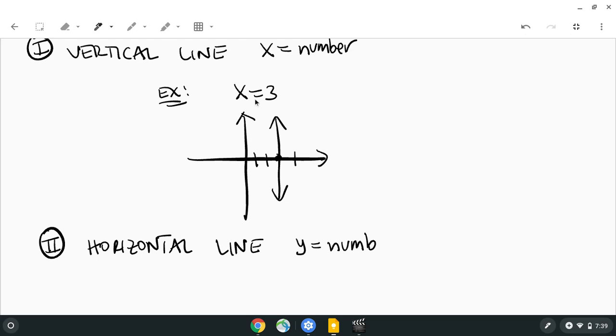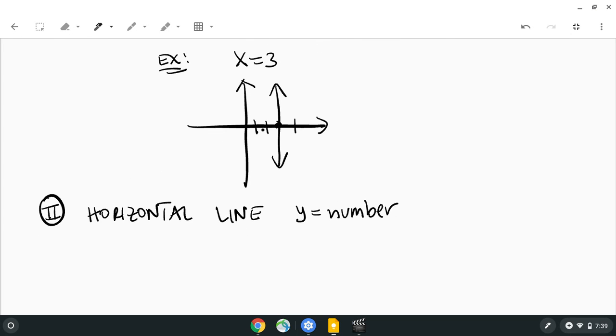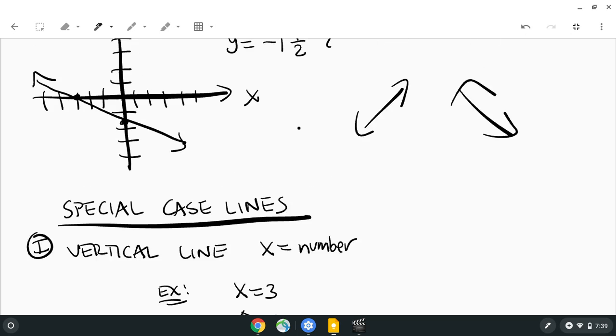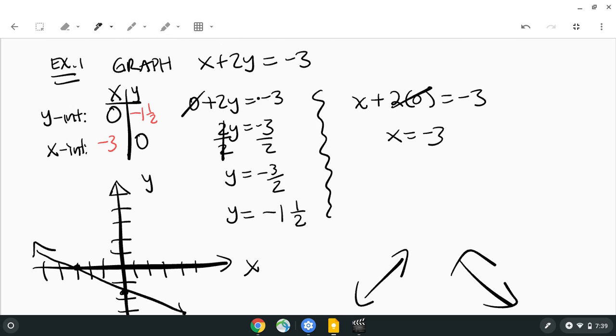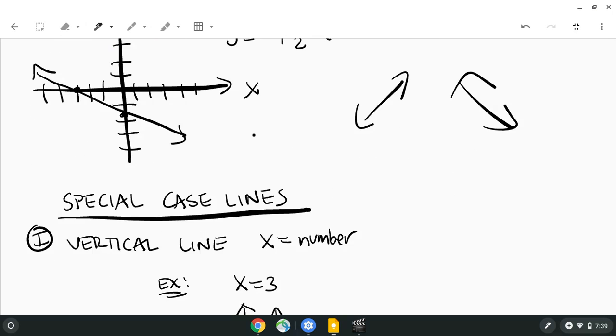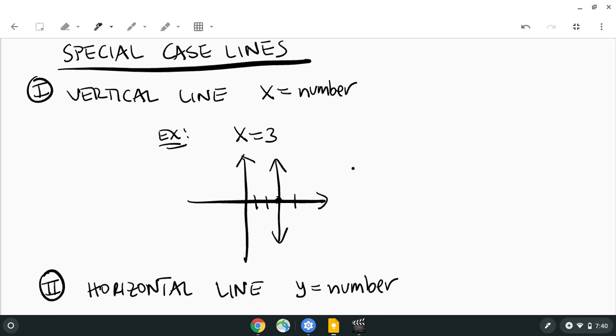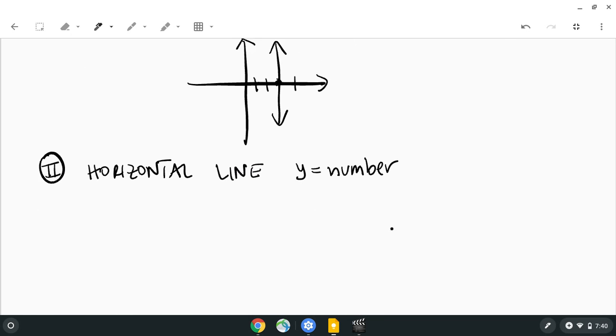So you'll see here, you only have an x and no y. So down here, you're only going to have a y and no x. Okay. So you don't have to make a table because, I mean, you don't have anything really to plug into and solve for, right? Because here you always had an x and a y, right? Here, you won't have both. You'll only have an x or you'll only have a y. Okay.